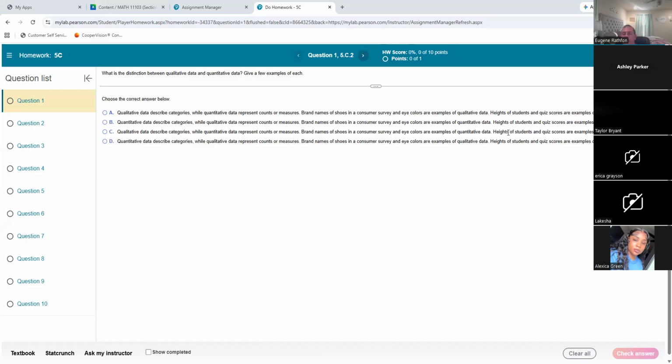So they're mixing the reasons up on that one, okay? And then the last one's wrong because it says quantitative describes categories, which is wrong. Quantitative was our counts or measures. So y'all, the only one that we can choose on that has to be A, okay? All right, then you would check that answer.